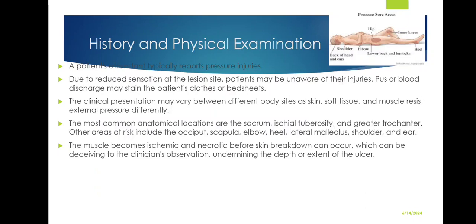The most common anatomical locations are the sacrum, ischial tuberosity, and greater trochanter. Other areas that are at risk include the occiput, scapula, elbow, heel, lateral malleolus, shoulder, and ear. The muscle becomes ischemic and necrotic before skin breakdown can occur, which can be deceiving to the clinician's observation, undermining the depth or extent of the ulcer.